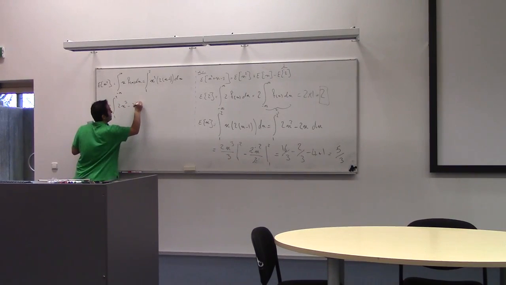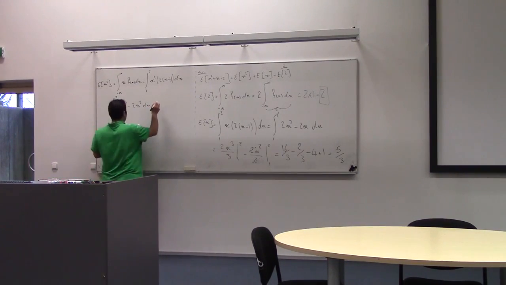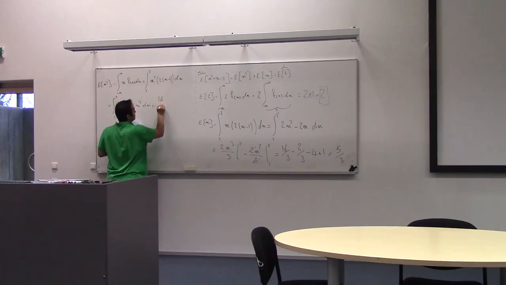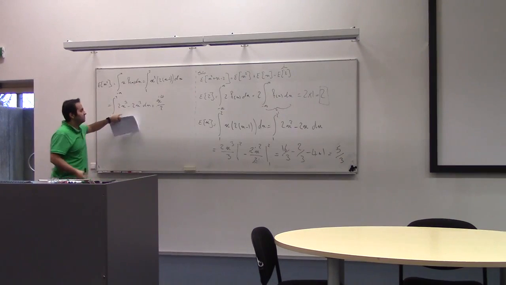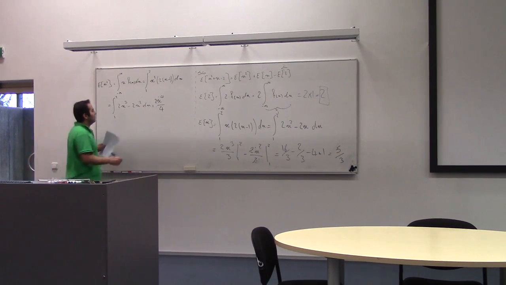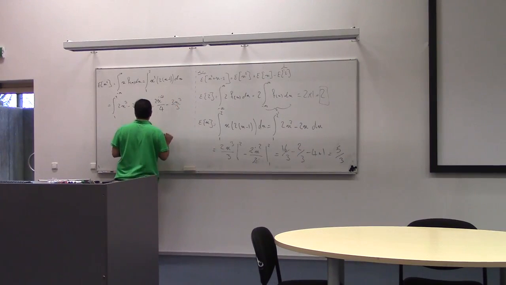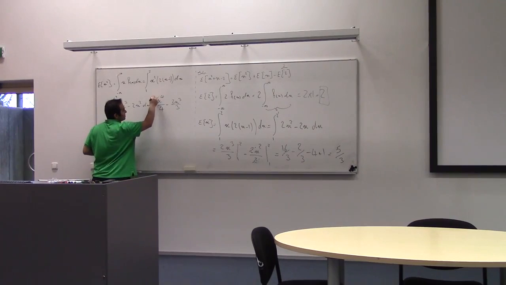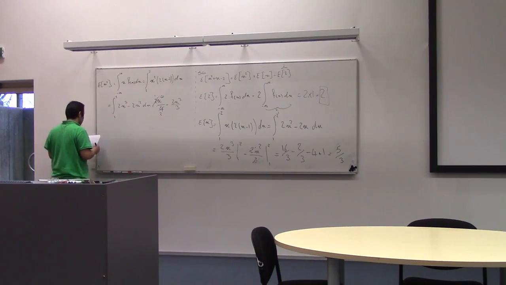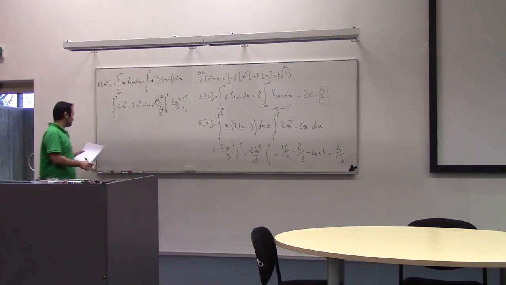Similar to the previous one, we can write it in this form: the integral of 2x cubed minus 2x squared dx. Then we integrate it, first writing it in this form: 2x to the fourth over 4 minus 2x cubed over 3, between 1 and 2.